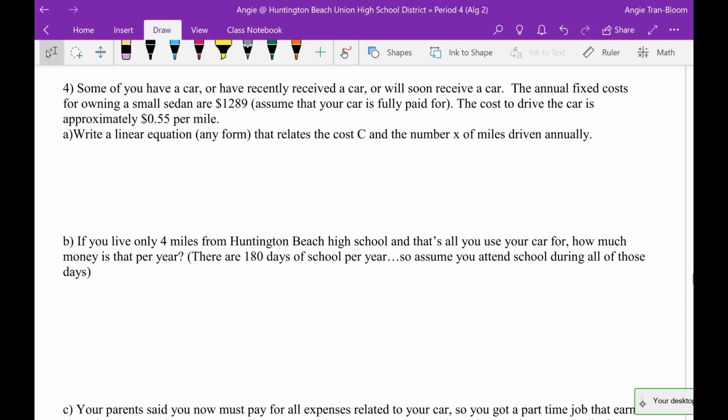All right, give it a try. Give me the equation. If you can finish all the way, go for it. But B and C do require a little bit more thinking. A is straight up writing that linear equation. B and C require a little bit more thinking.